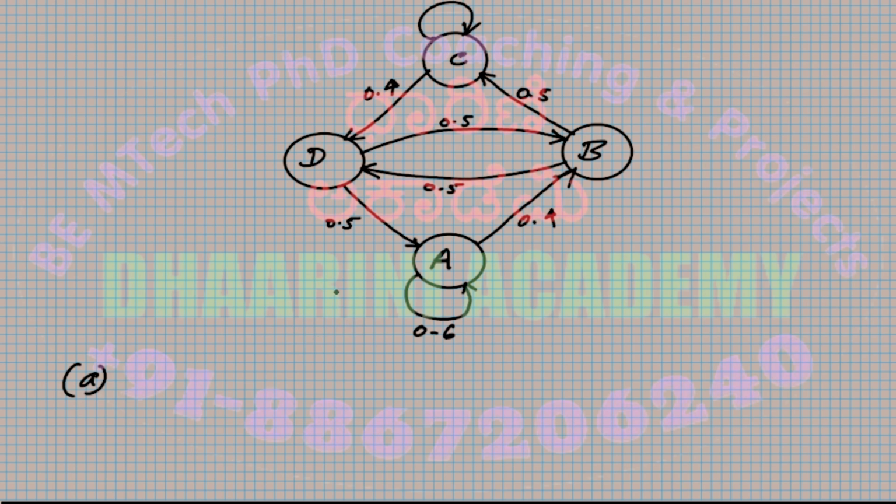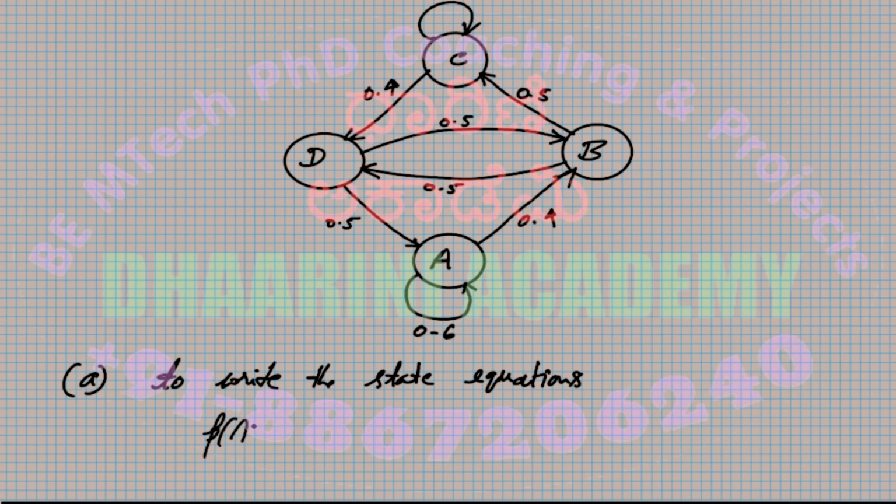Our first idea is that we'll try to write the equations, which are called state equations. So we'll start with writing the state equations. What is the probability of A?